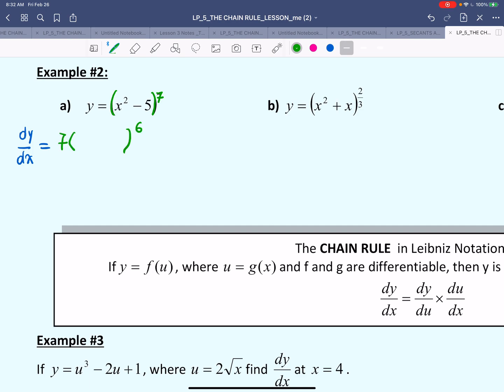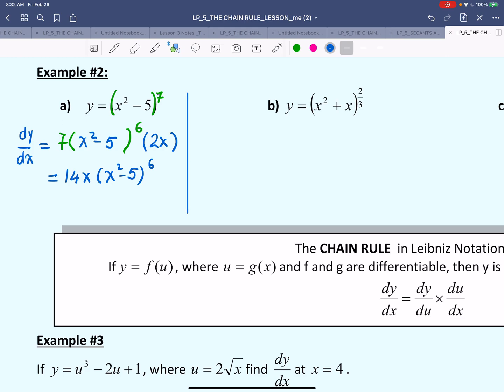The power will reduce by 1. The inside won't change. But then I have to multiply by the derivative of the inside, which is the derivative of x squared minus 5, or 2x. The next step, I will combine 7 and 2x. That's 14x (x squared minus 5) to the power of 6, and this will be the final answer.